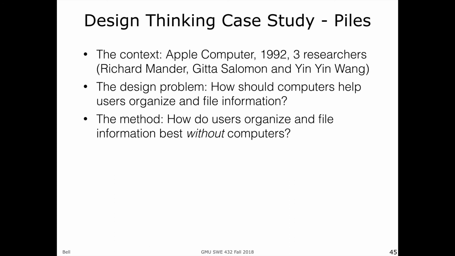There are 3 researchers inside of Apple's user interaction department who are trying to solve this design problem broadly of how computers should help users organize and file information. At this time, computers are becoming popular in businesses, but they're nowhere near as popular as they are today.